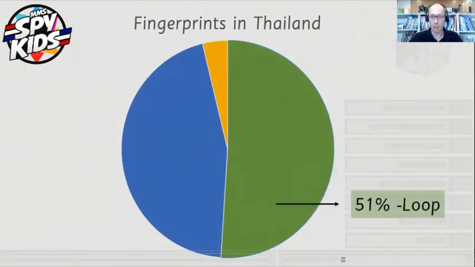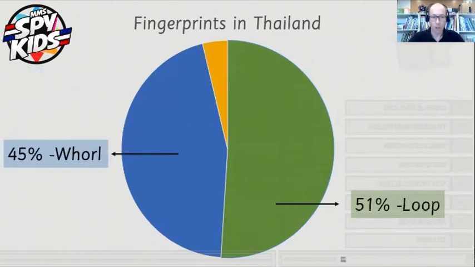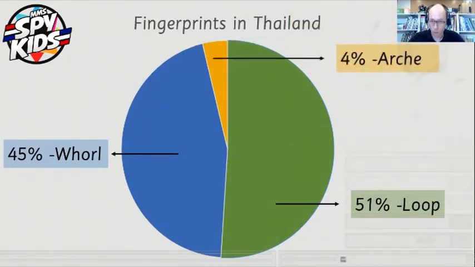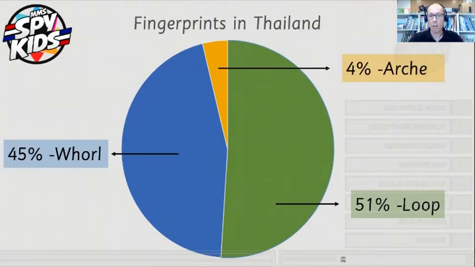So, 50% of the population in Thailand has loop fingerprints, like me. Almost the other half has whirl fingerprints. And if you have arch fingerprints, that means only 4% out of 100 people would have arch fingerprints. Maybe it's you. Just let me know.